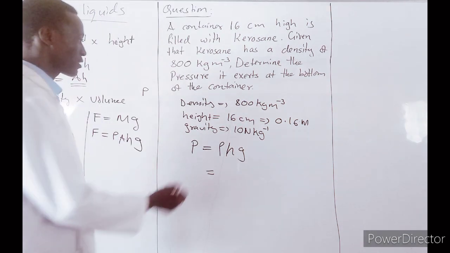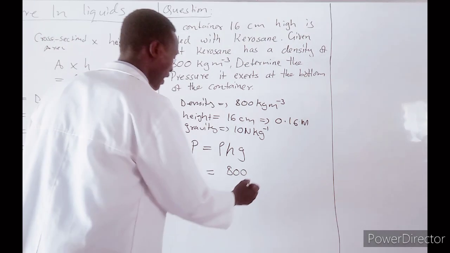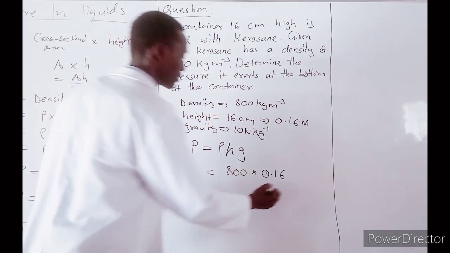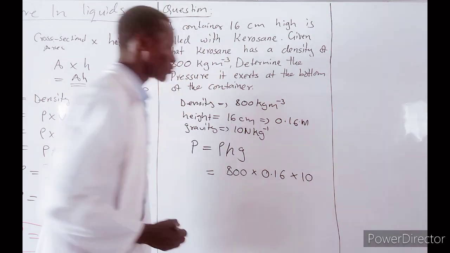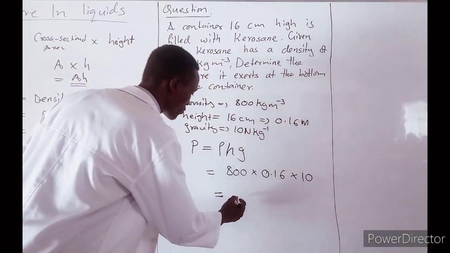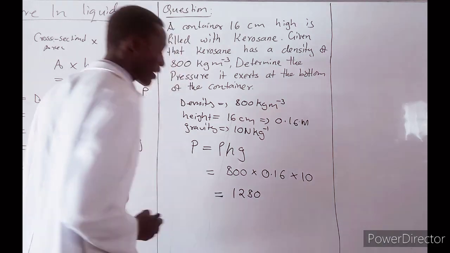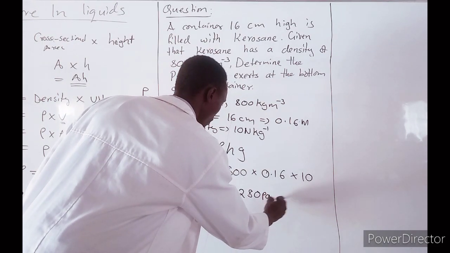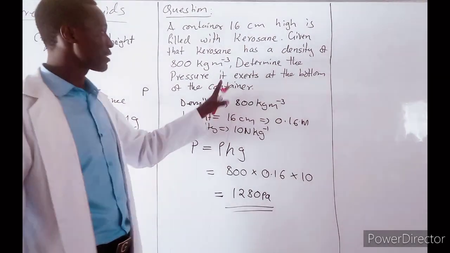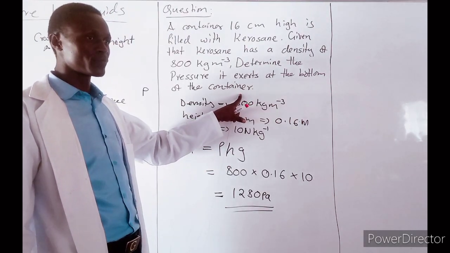So we take the density, 800 kilograms per cubic meter, times the height, 0.16 meters, times gravity, 10 newtons per kilogram. This gives us 1,280 pascals as the pressure applied at the bottom of the container by kerosene.